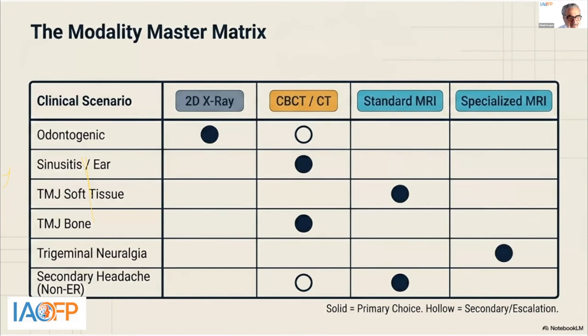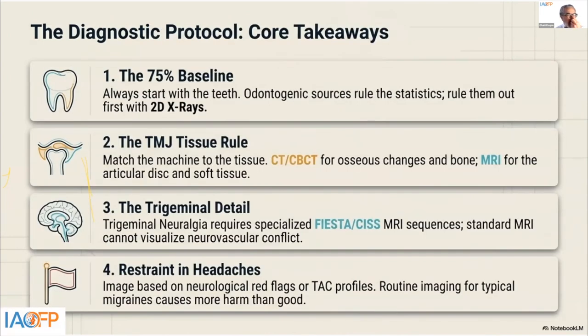So this is the schedule you put in your mind of what to do for something like this. So choose imaging based on pathology and tissue, balancing details with radiation. Going to the end of the presentation, to wrap up and take away the message: always start with teeth. As we know in our practices, 75% of our patients come with odontogenic sources of pain.